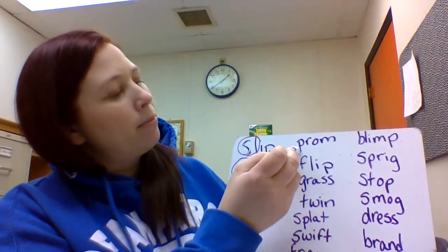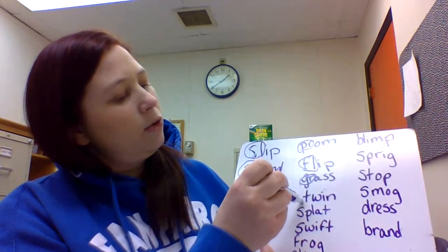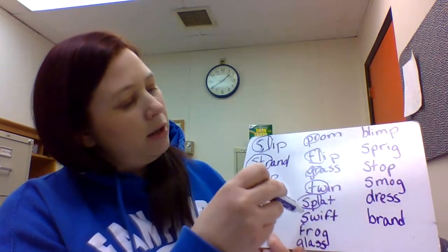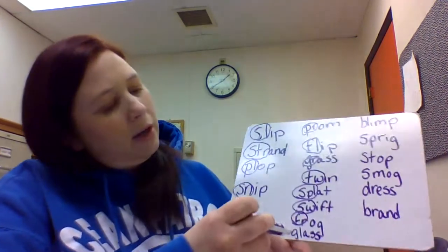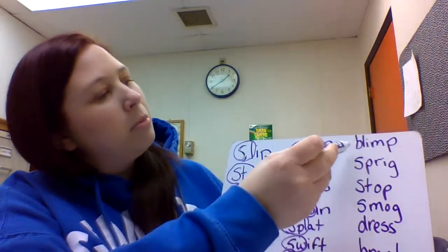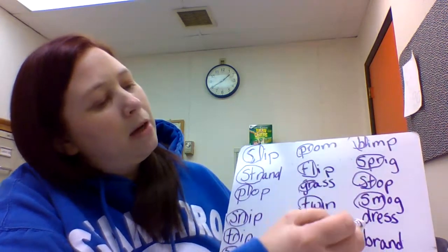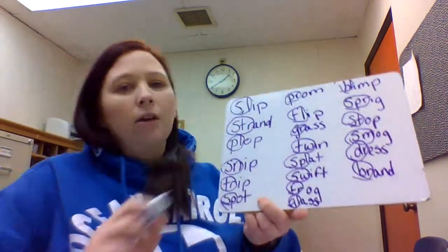We have prom, pr, flip, fl, grass, gr, twin, tw, splat, this is another 3-letter one, spl, swift, sw, frog, fr, glass, gl, blimp, bl, spring, this is another 3-letter one, spr, stop, st, smog, sm, dress, dr, and brand, br. So those are all our blends.